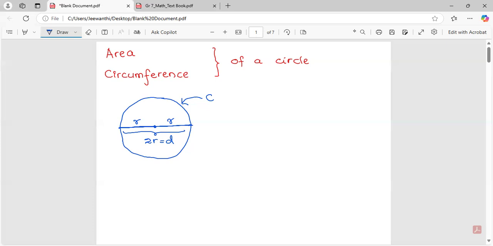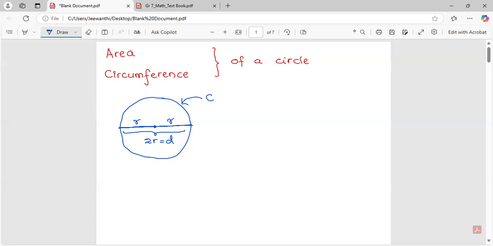So, for example, the perimeter is the total of the outer boundary lengths. We add all the sides together and we get the perimeter. But if I want to get the perimeter of a circle, I don't have any straight edge to add.